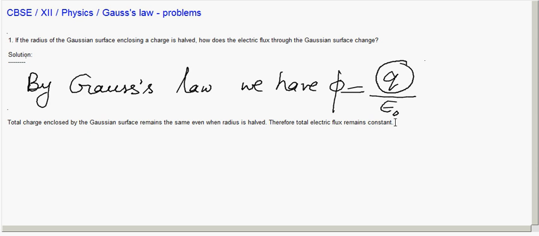Therefore, total electric flux remains constant. There will not be any change in the electric flux through the Gaussian surface.